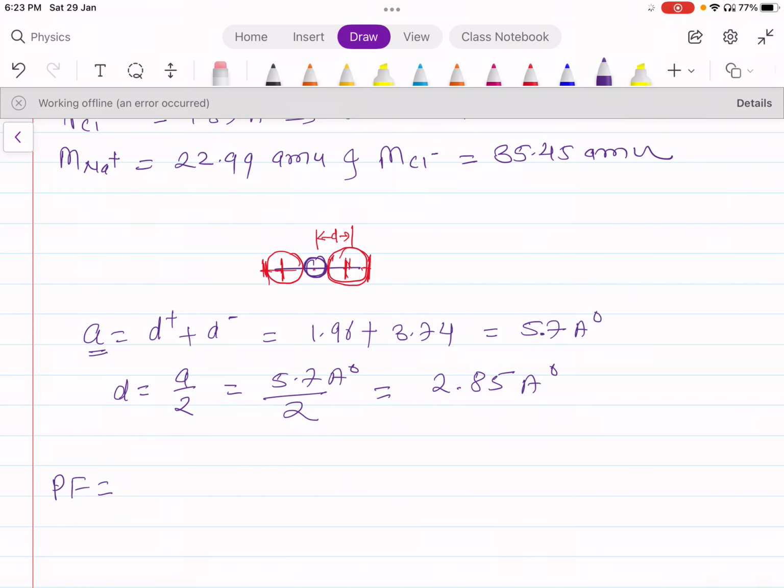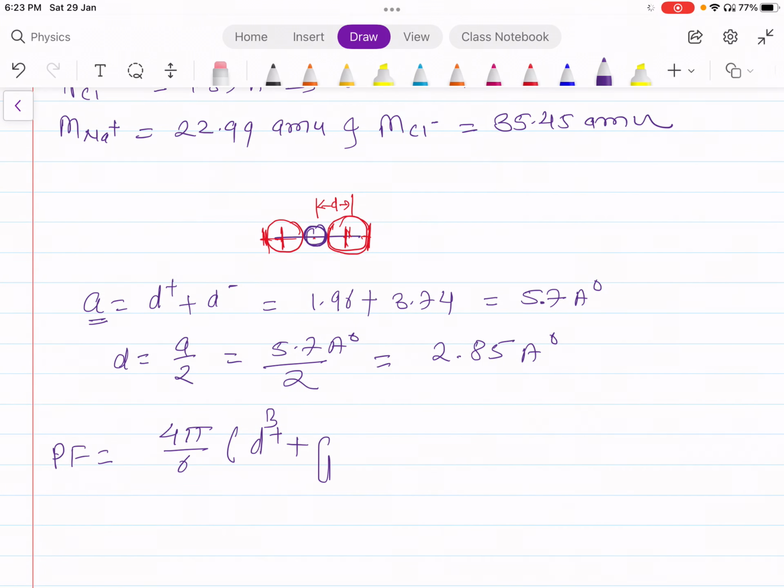Then we have to find packing factor. Packing factor formula is 4 pi by 6 diameter cube of positive ion plus diameter cube of negative ion and divided by A cube.